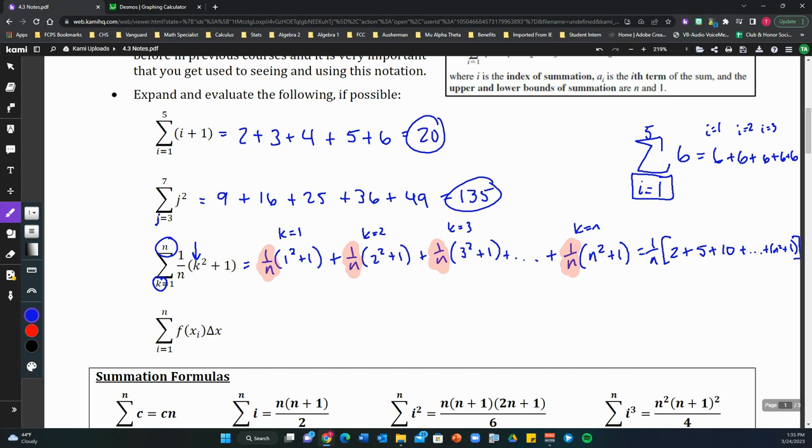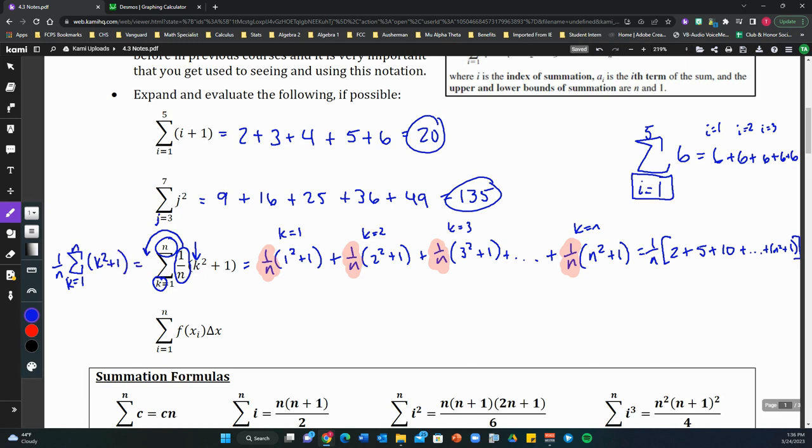If you notice that we have anything inside of this argument spot that does not match with the variable for the index, then what we can do at the very beginning is pull that whole thing out in front. So we could rewrite this as 1 over n times sigma from k equals 1 to n of whatever's left over, k squared plus 1.